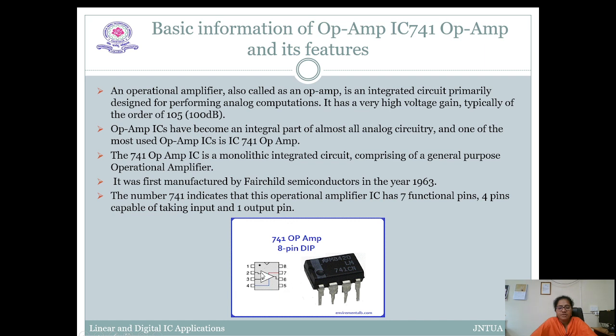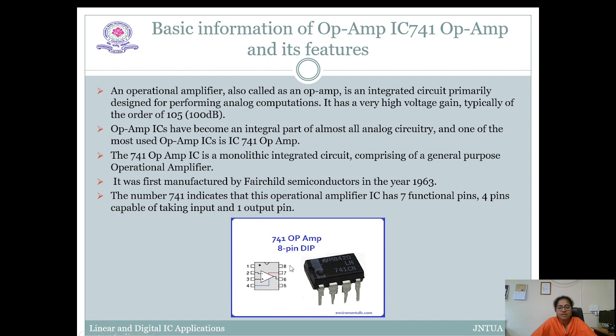Which pin is the input connected to? The inverting terminal is connected to pin 2, the non-inverting terminal is connected to pin 3, and 4 is a power supply. 5 is no connection, and 6 is the output. 7 is again a power supply, and 8 and 1 are no connections, NC.